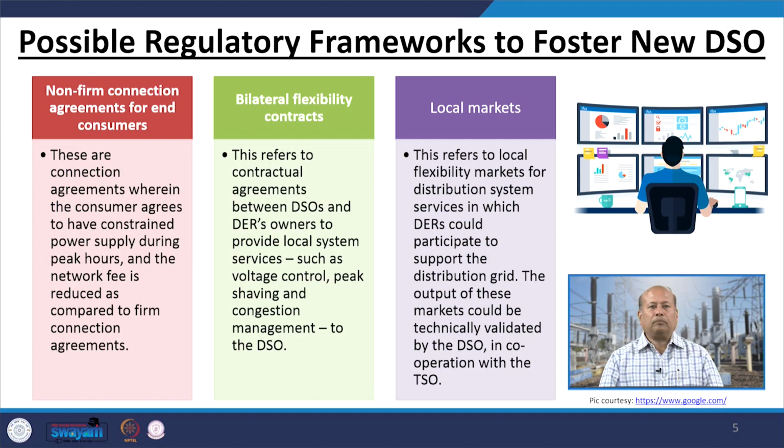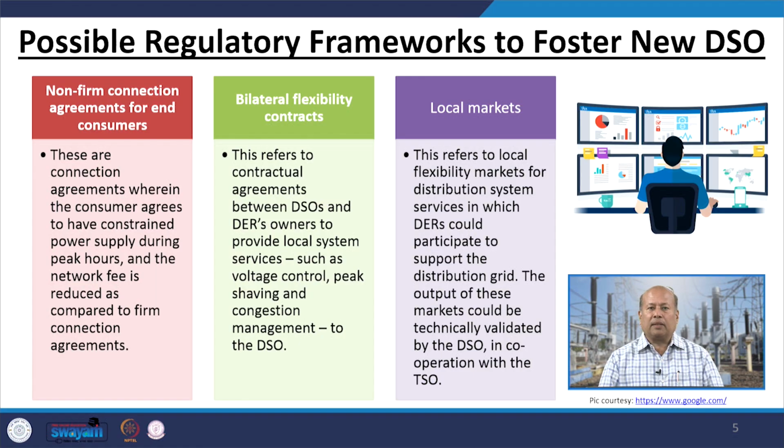Okay. Now, similarly, bilateral flexibility contracts. This refers to contractual agreements between DSOs and DER owners to provide local system services such as voltage control, peak saving, and congestion management to the DSO.